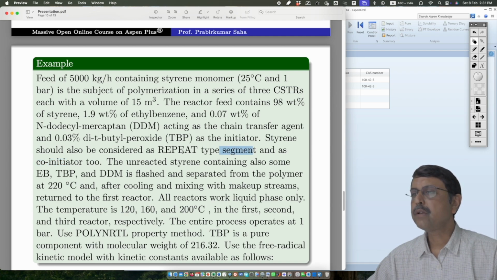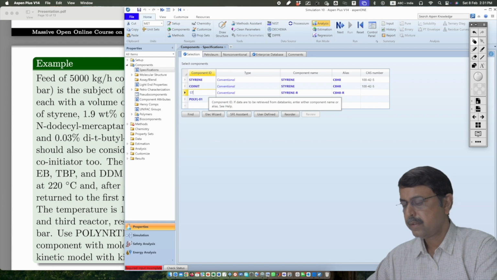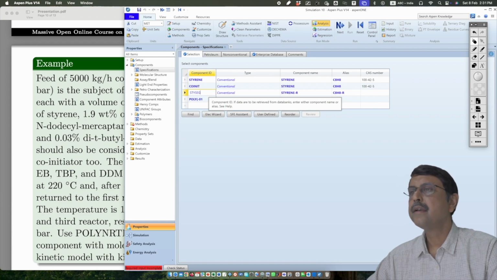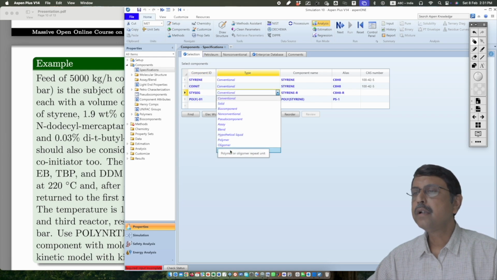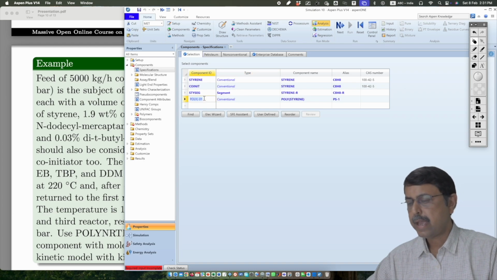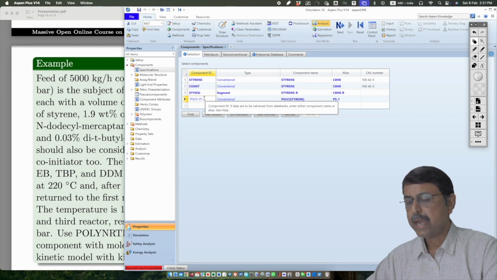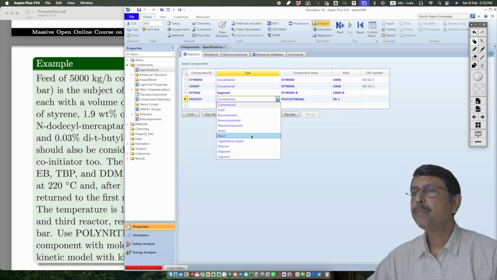Styrene should also be considered as repeat type segment. So this is sty-seg, and we take it as segment. And this one we write as polysty, and this is our polymer.